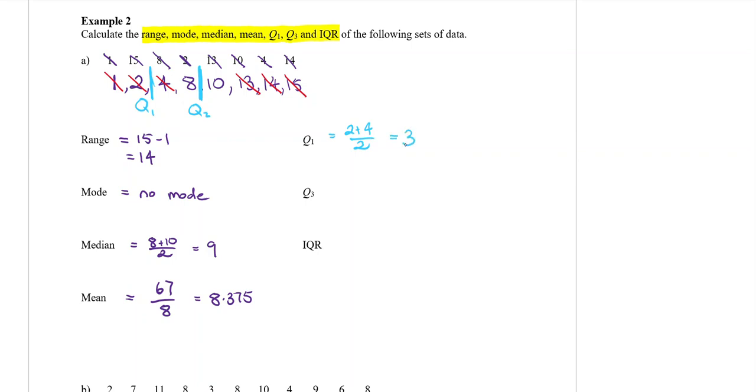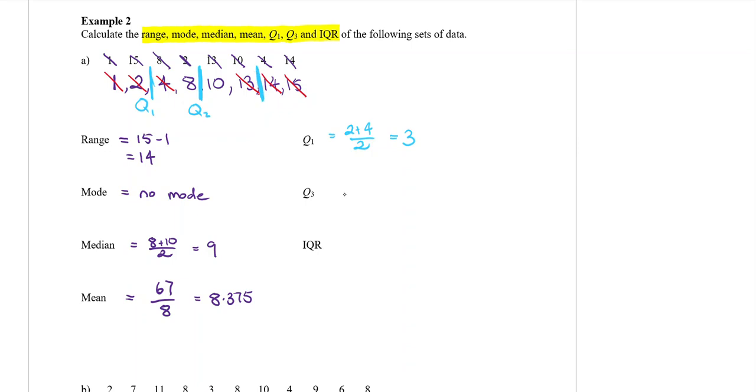Okay, then we're going to do the same thing for the upper quartile. I have these 4 numbers on the higher end of my median, and I want the middle of those 4. Where is that going to be? Split it into 2 and 2 again. It's going to be between the 13 and the 14.